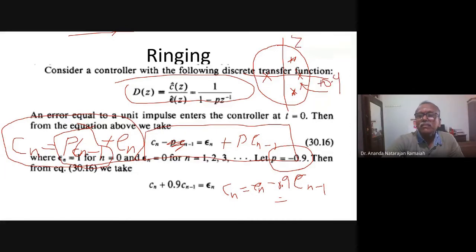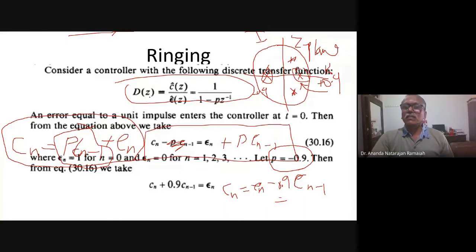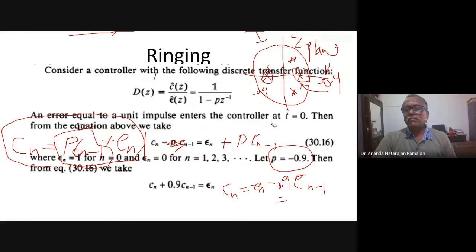That is Z plane, this is the real axis and this is imaginary axis. If it is plus 0.9, pole will be here. Minus 0.9, then pole will be here. Two cases let us consider. If it is in the left hand side, what will happen? If it is in the right hand side, what will happen? That we will see.